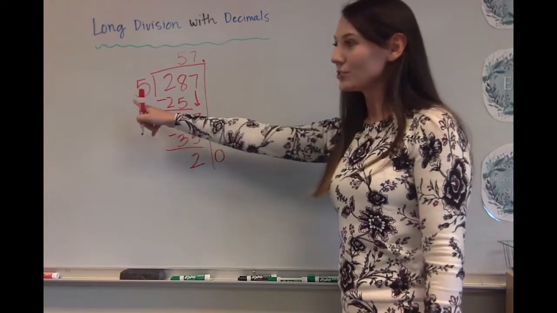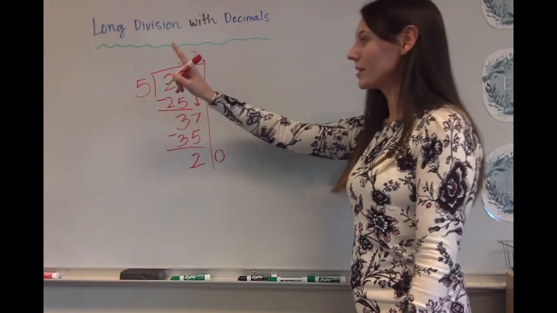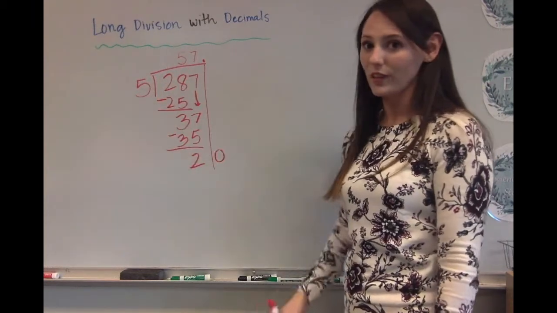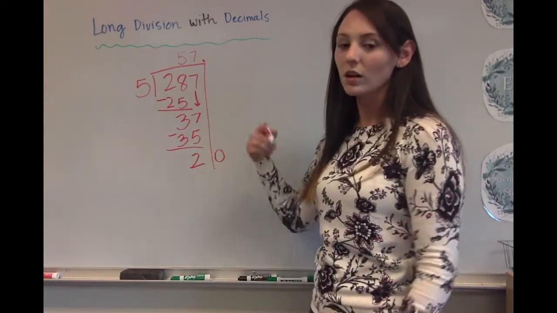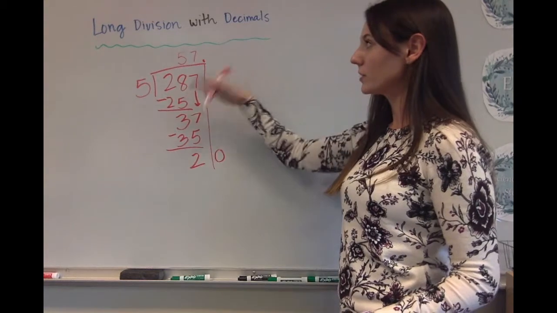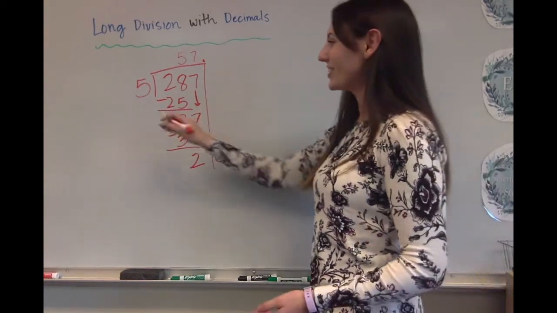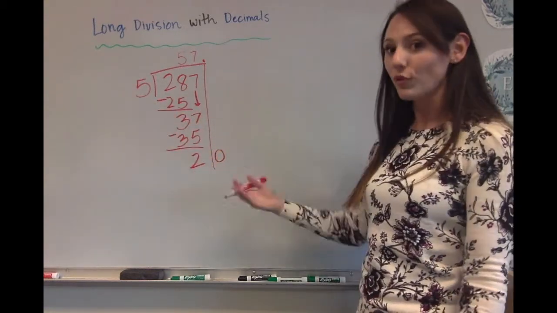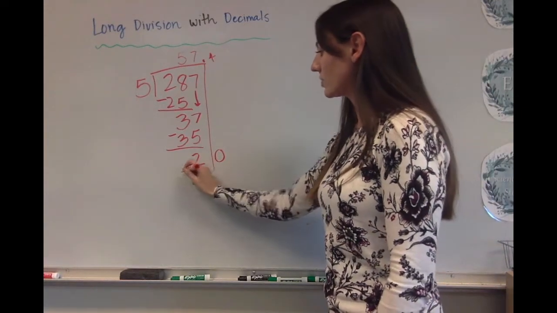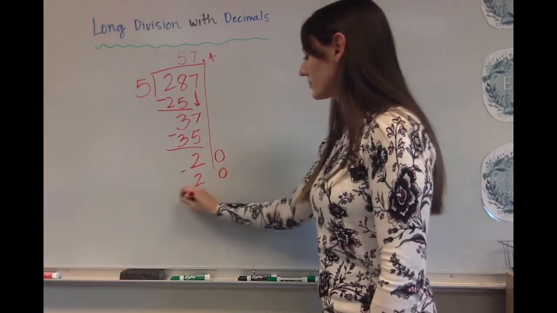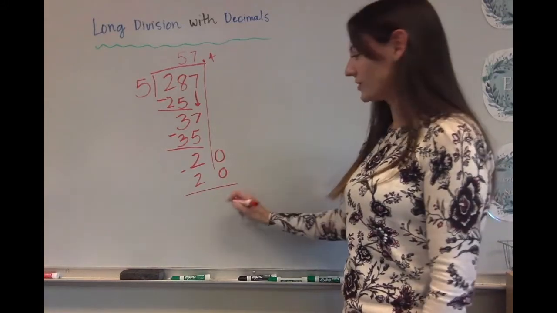So I can actually divide 20 divided by 5. That's what I'm going to do next. I'm going to keep the division process going just like I would if this wasn't a decimal. 5 goes into 20 4 times, so I'll write that up here, and I'll subtract 20. 20 minus 20 is 0.